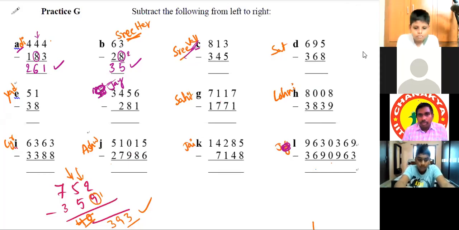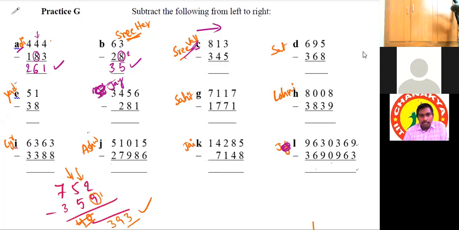Left to right. 8 minus 3 is... All of you wait. Sri Vallabha, please respond. 8 minus 3? Sir, it's 2. Sorry? Oh, sir, 8 minus 3 is 5.